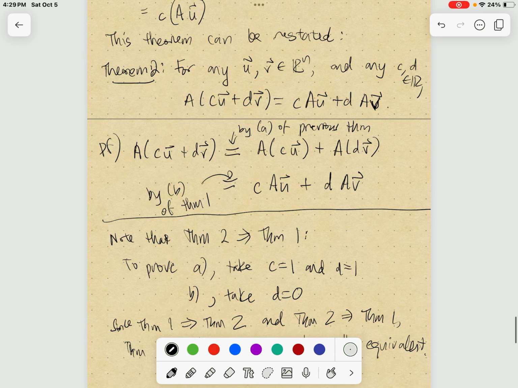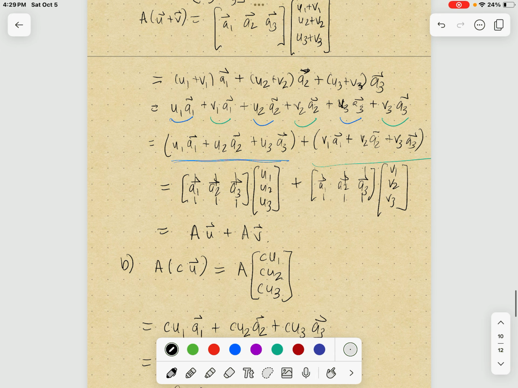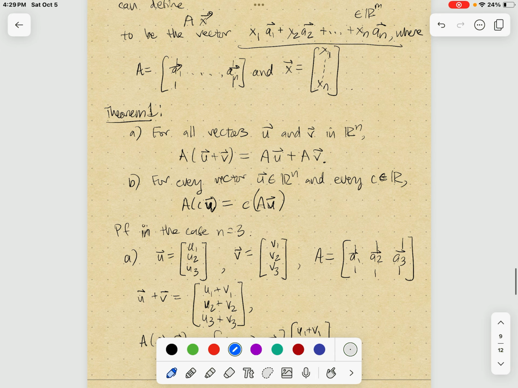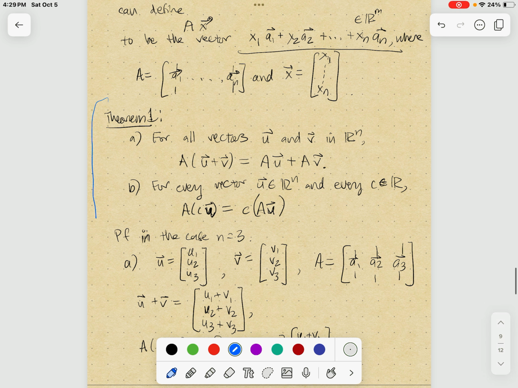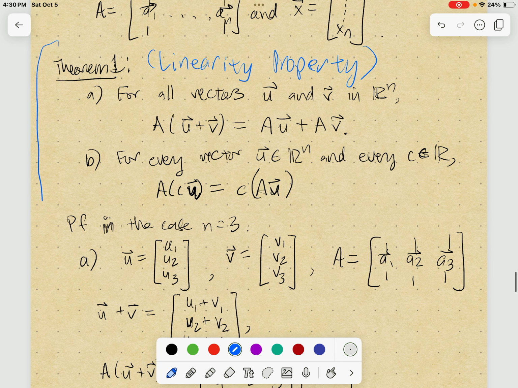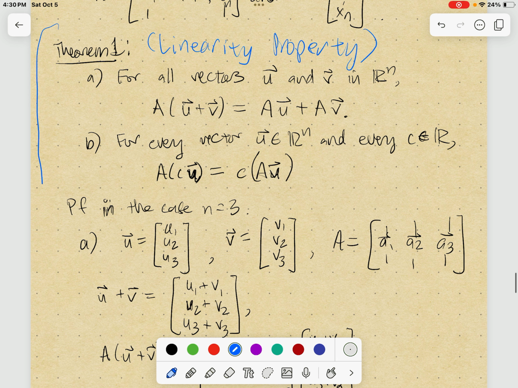All right, and this property is called the linearity property. Matrix multiplication does this. And this is an important fact when we talk about linear transformations, so this is like a preview of what's coming up.